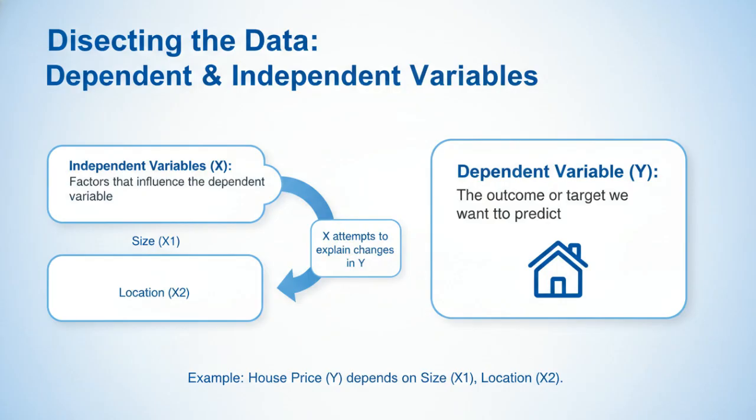Second, we have independent variables, or x, which are the factors or predictors believed to influence the dependent variable. These are the hows or whys behind the outcome. For instance, if we're predicting house price, our y, factors like size, number of bedrooms, and location would be our x variables, attempting to explain the changes in house price.